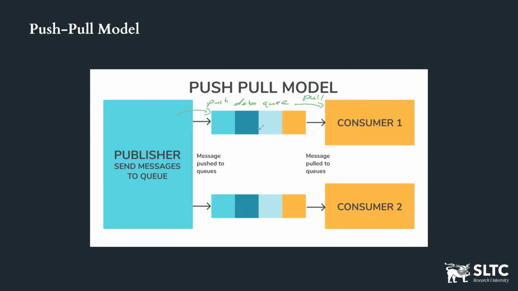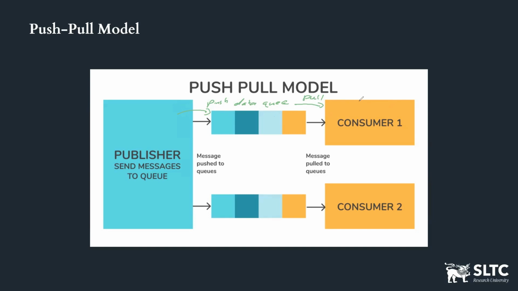The publisher will send data, and the broker who is in between will collect that data and keep that in a queue. So the broker will store that data in a queue, and the subscriber will pull the data from that queue at a certain rate.